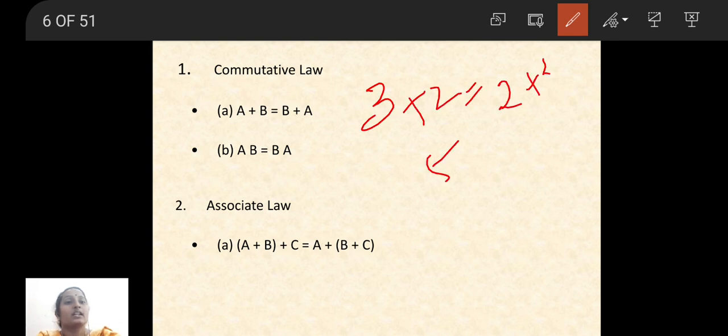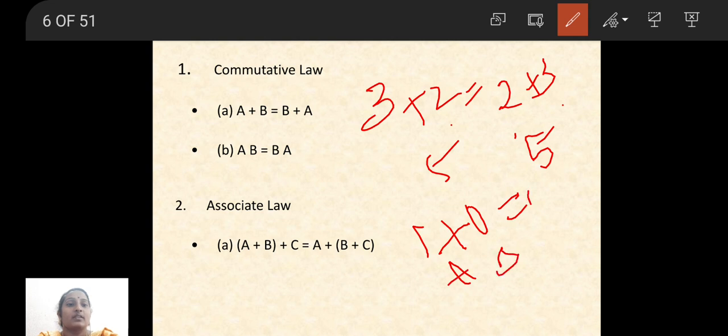So 2 plus 3 is also 5. If A is 1 and B is 0, A plus B is 1, and B plus A is also 1. So by interchanging the Boolean variables, we get an equal sum.